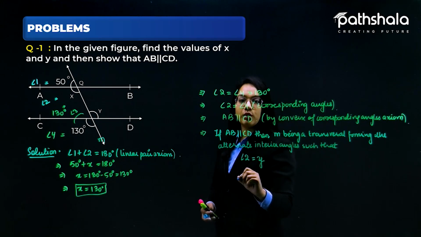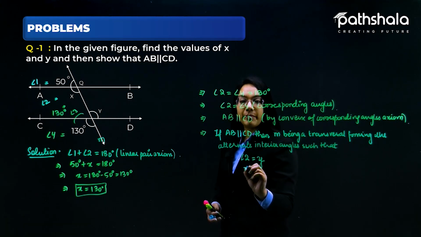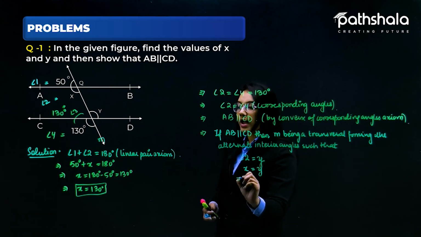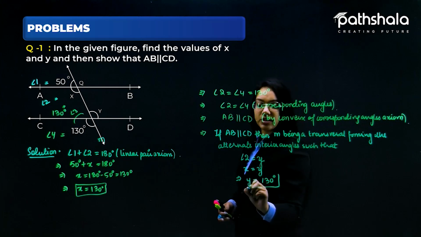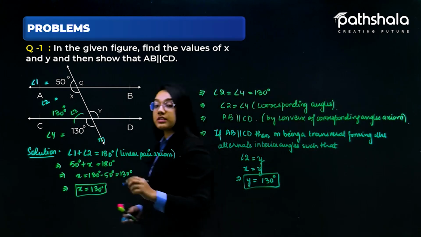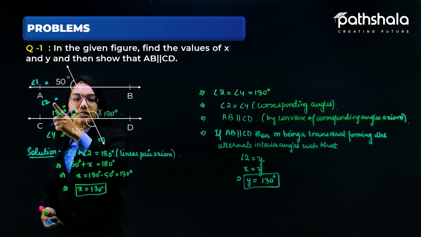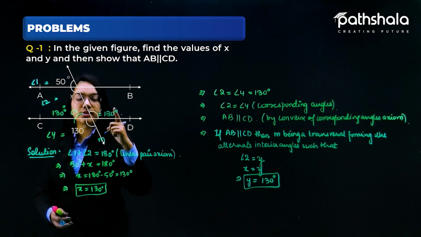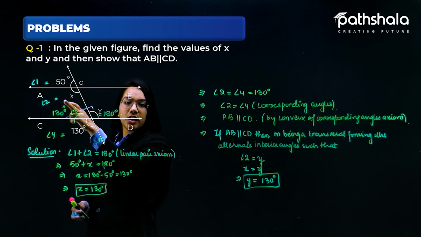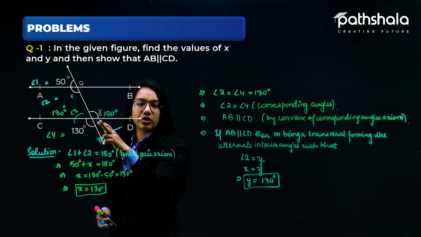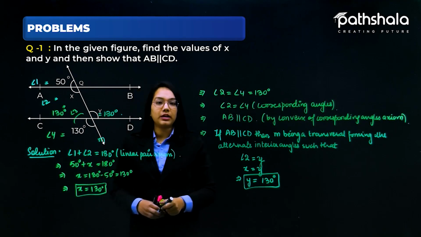And angle 2 was equal to x. So x is equal to y, which implies that y is equal to 130 degrees. So this angle is also 130 degrees. They are alternate interior angles to each other, and hence at the end we have shown that AB is parallel to CD.